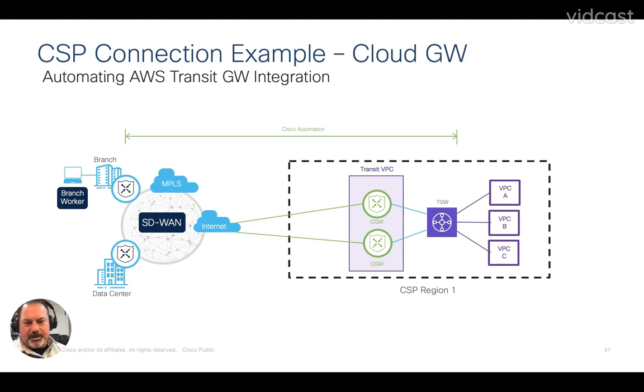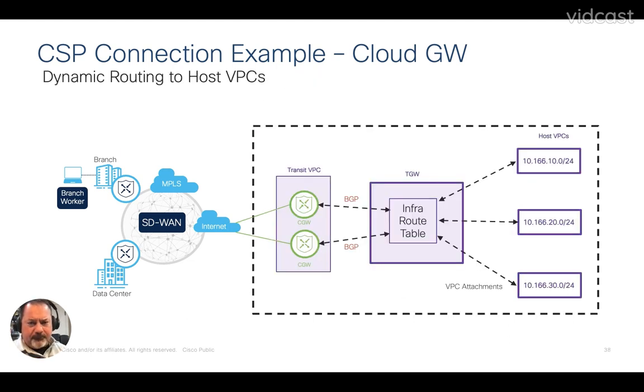This allows us to build the automation to automatically connect everything together. Furthermore, once that's in place, that transit gateway will turn on the infrastructure routing table, and that will allow us to get automatic routes. We'll get those updates from the transit gateway to our virtual routers, or Cat 8000Vs, via BGP.